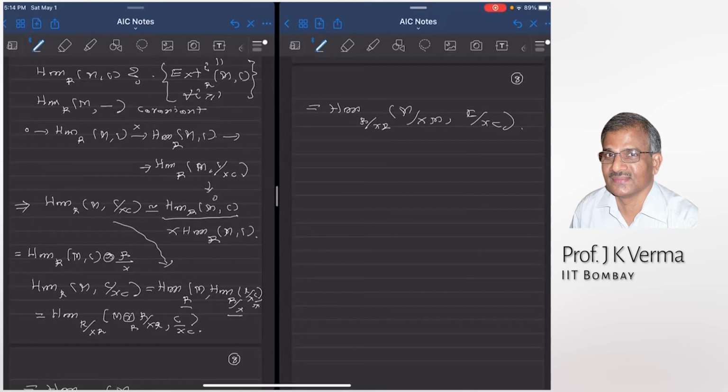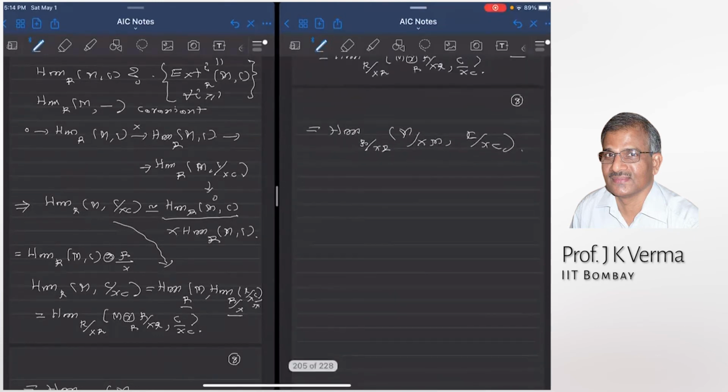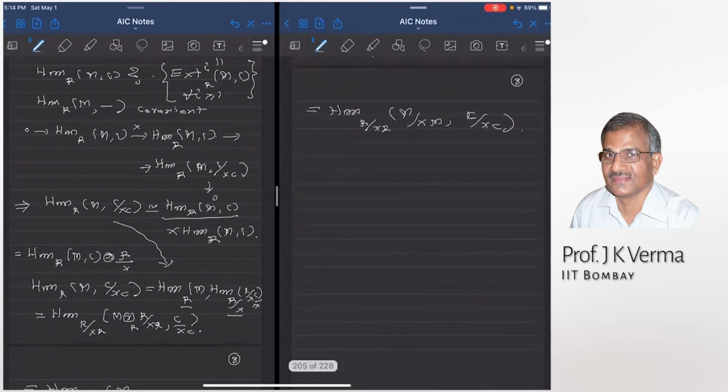So now it follows by induction, because the dimension of R/xR is one less, and C/xC is a maximal Cohen-Macaulay module over R/xR. The Ext condition is also satisfied by the change of ring principle of Rees.